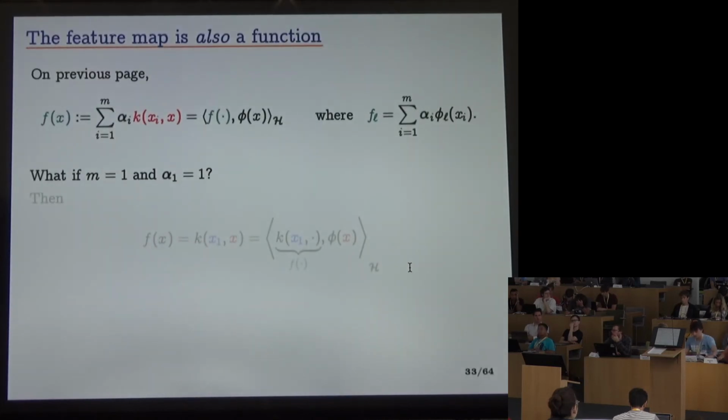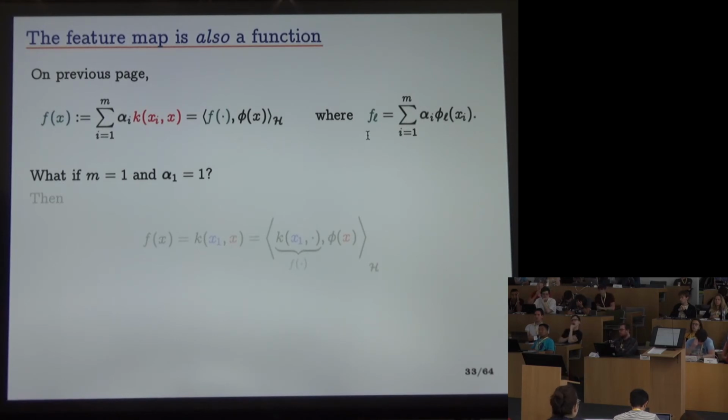So here is a slightly confusing trick which I want to alert everyone to. Remember that I said that my function is a weighted sum of kernels at xi and x, with weights alpha i. This is the example I gave on the previous page.